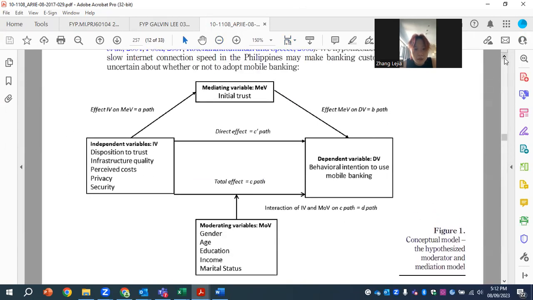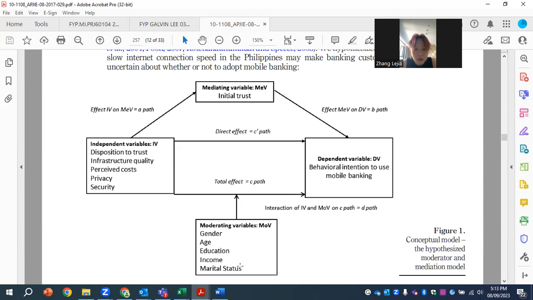Now, what is moderating? Moderating is like you try to change the variable. For example, you can give gender. These are the IVs on your left side: disposition to trust, perceived cost, privacy, security. And your DV is the behavioral intention to use mobile banking.